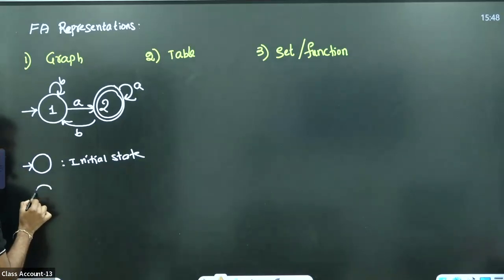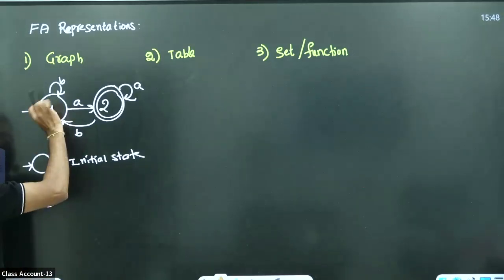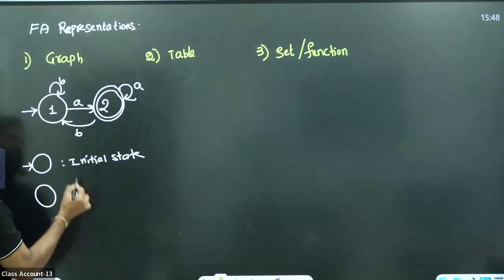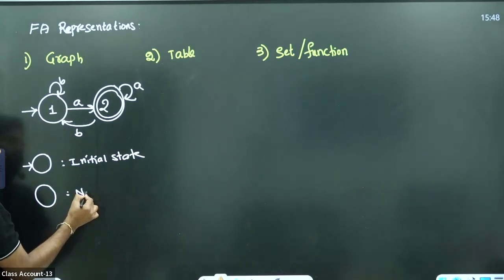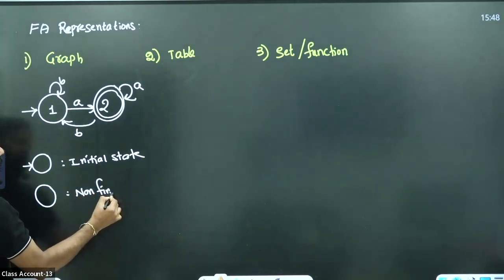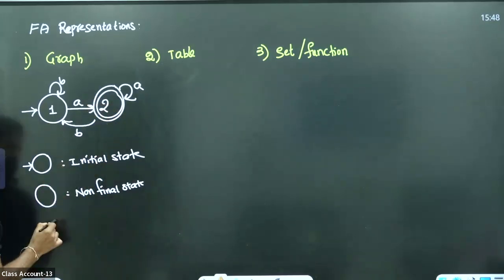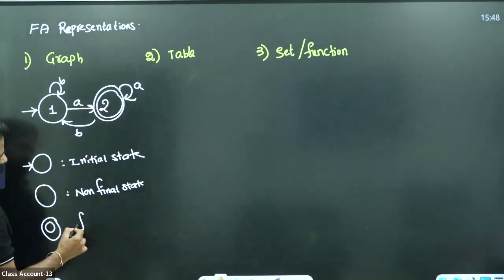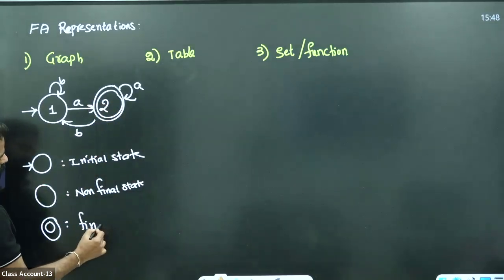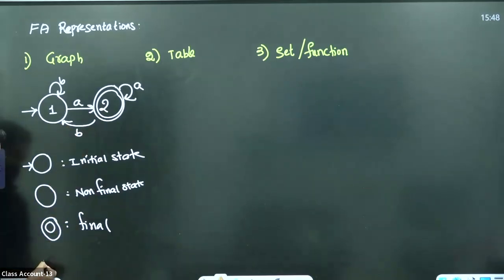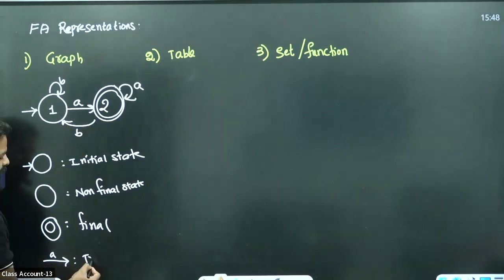And when you don't have the double circle, a single circle is always non-final. Here 1 is non-final because you don't have a double circle. If you have a double circle, that is final. And transition we represent like this, arrow and then some input. This is called the transition on A.